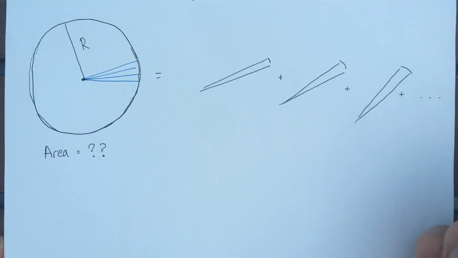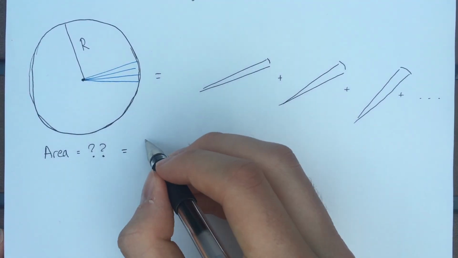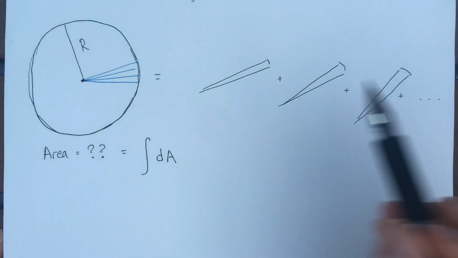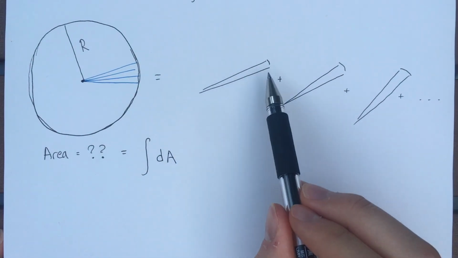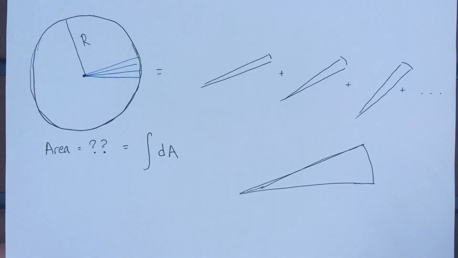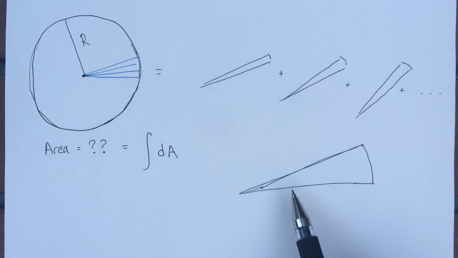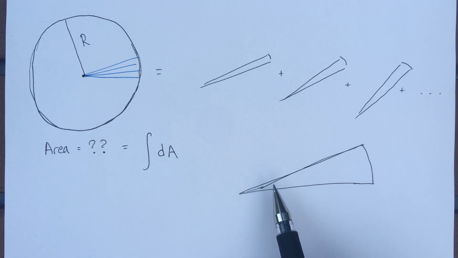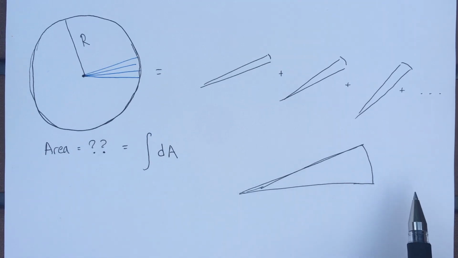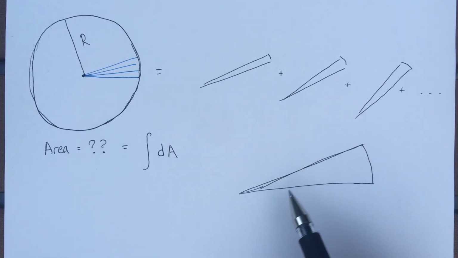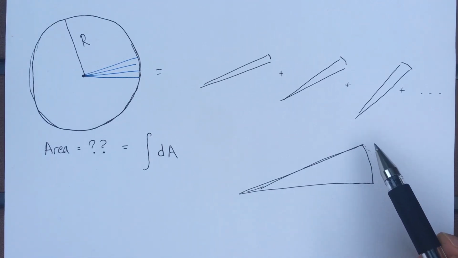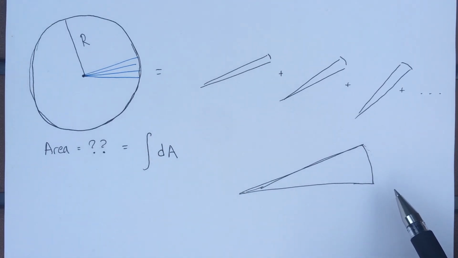Now, the area is simply going to then be the integral of dA, which is going to simply be the area of one of these slices. But what is the area of a slice? If we look at it closely, a slice is almost a triangle. And as we take the limit, as it gets smaller and smaller, this curve starts to appear more and more straight. And then it simply becomes a triangle.